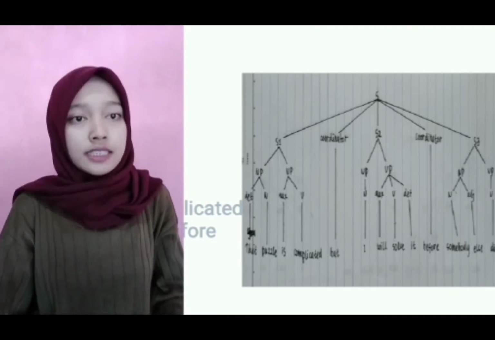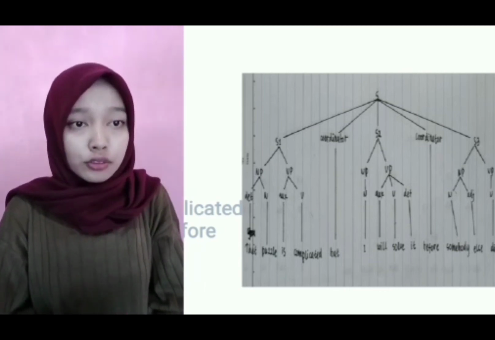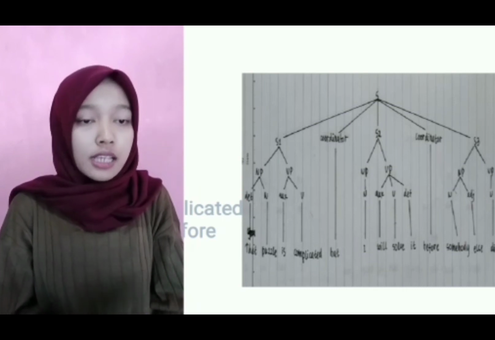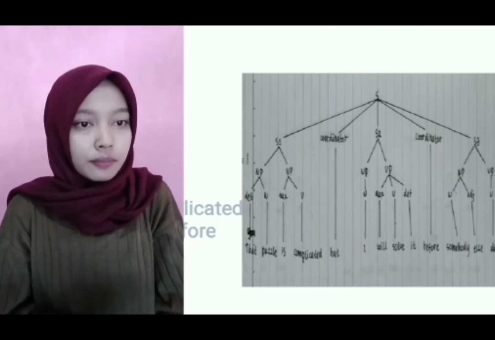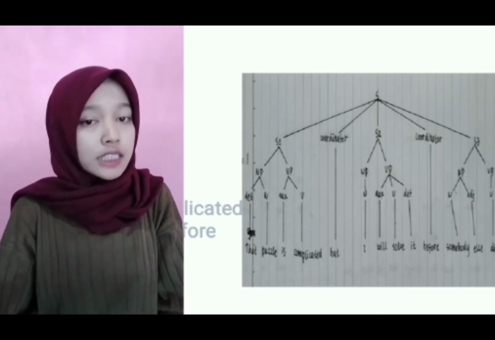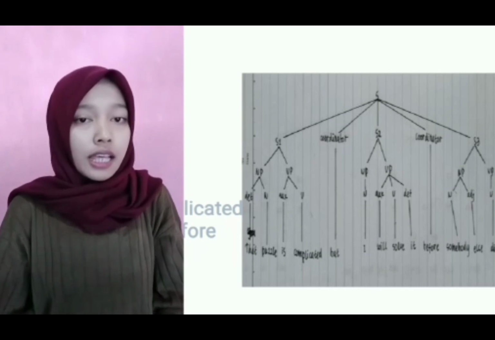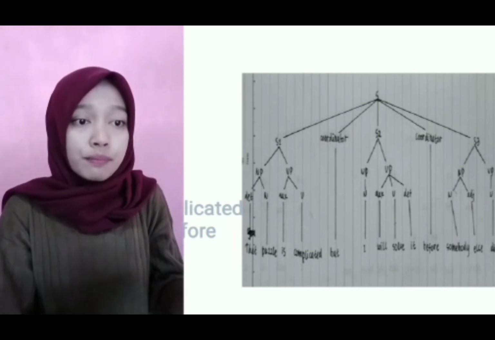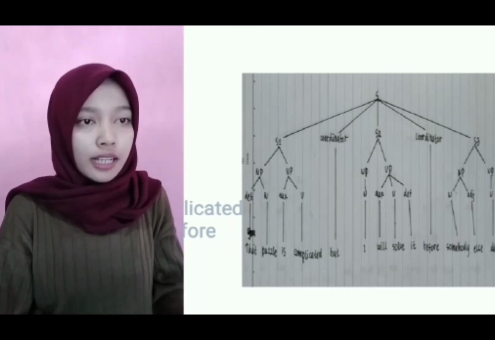But here is coordinator. I is noun, to be a noun phrase, and will is auxiliary, solve is verb, it is determiner. Will solve it is verb phrase. I will solve it is the second sentence. And the next is before. Before is conjunction.